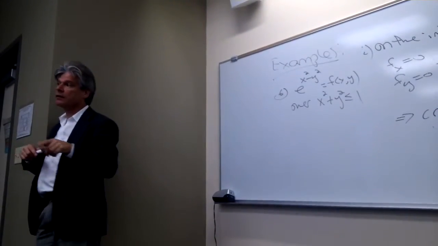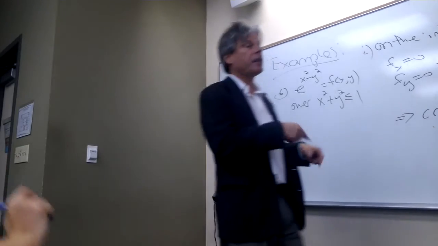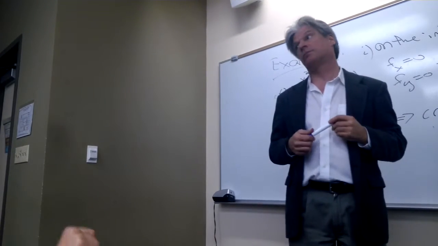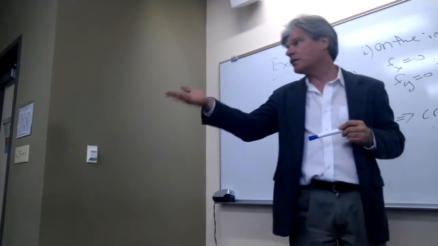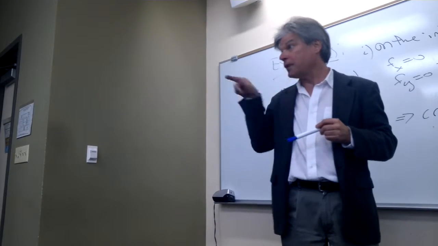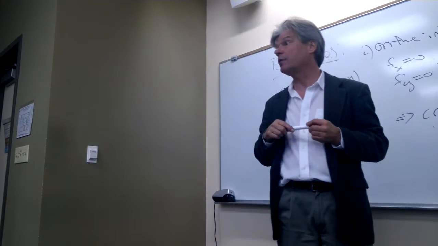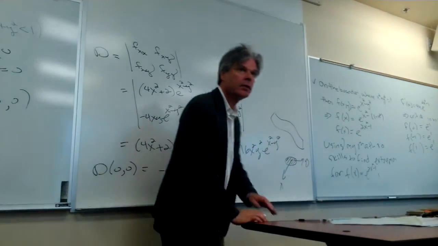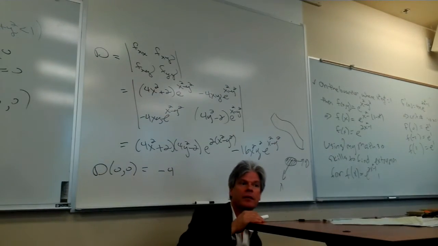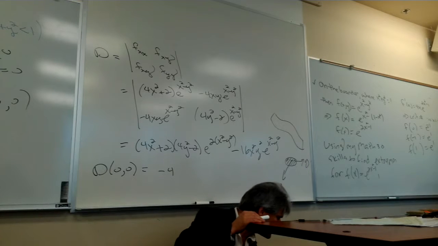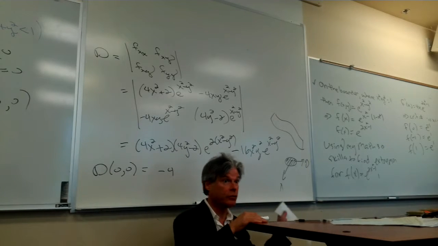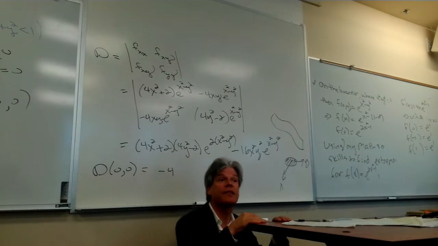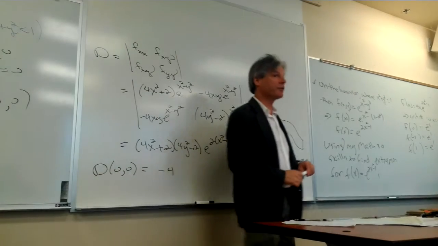When the D function ends up being negative, that's what's going to happen at those other points. And if your D function is strictly positive, then you've got a local max or local min. You determine which by looking at the second partial of the original function f.